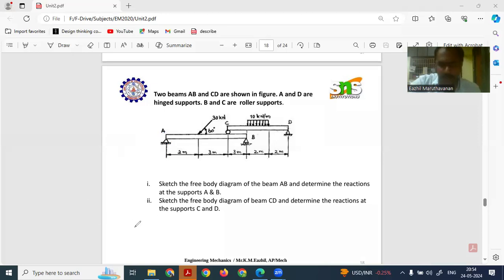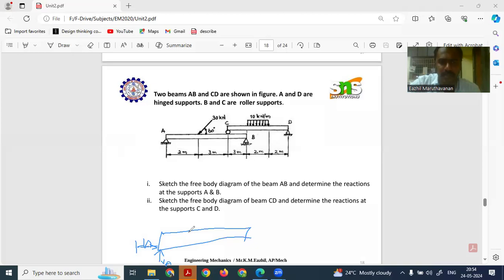Let's draw the free body diagram of beam AB first. At point A, since it is a hinged support, we'll have one vertical reaction force VA and one horizontal reaction force HA.